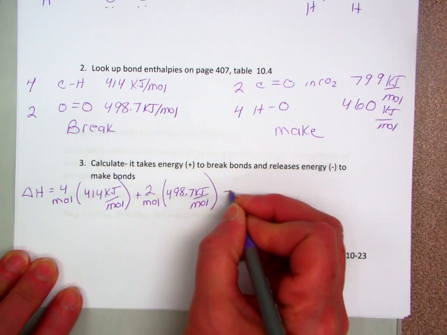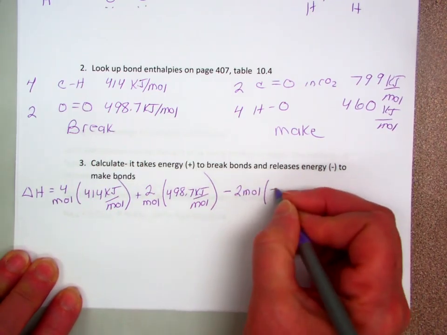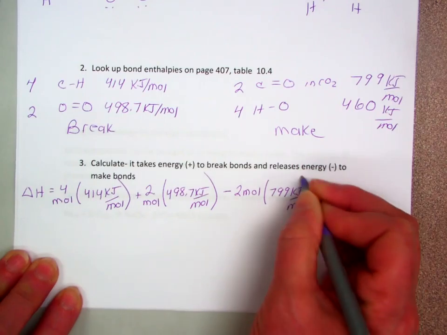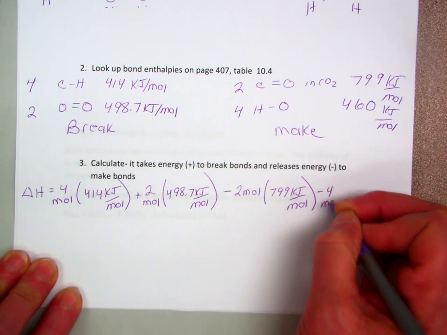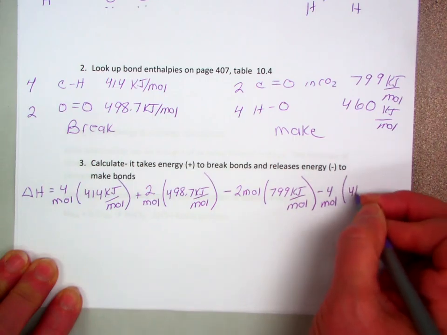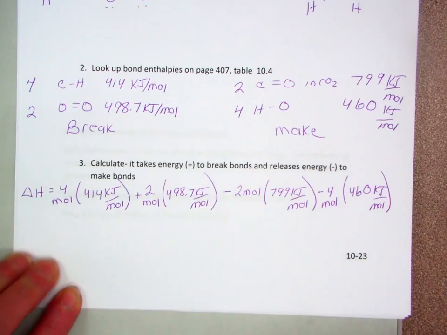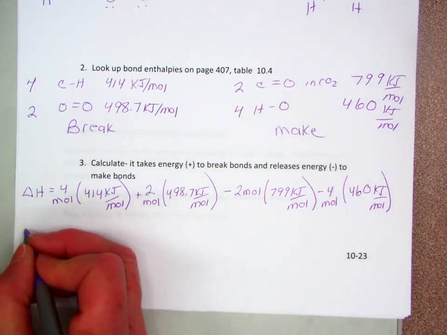Now I'm going to subtract 2 moles at 799 kilojoules per mole because I am making bonds, so energy is released. And I'm going to subtract 4 moles at 460 kilojoules per mole. So now, all I have to do is multiply across and add these up.